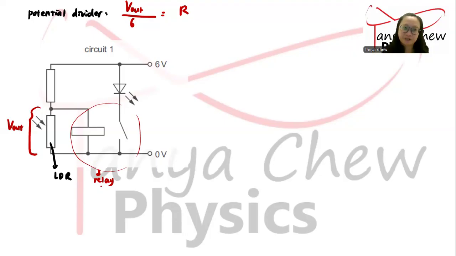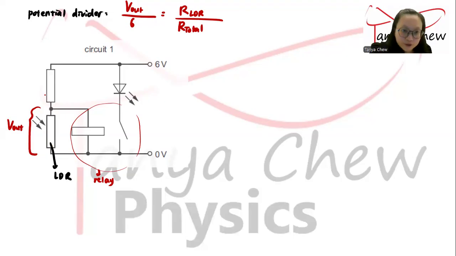They share the same PDs. Why? Because they are connected in parallel. So this is R of the LDR over the total resistance, R total. R total is the resistance of the LDR plus the resistance of the fixed resistor.